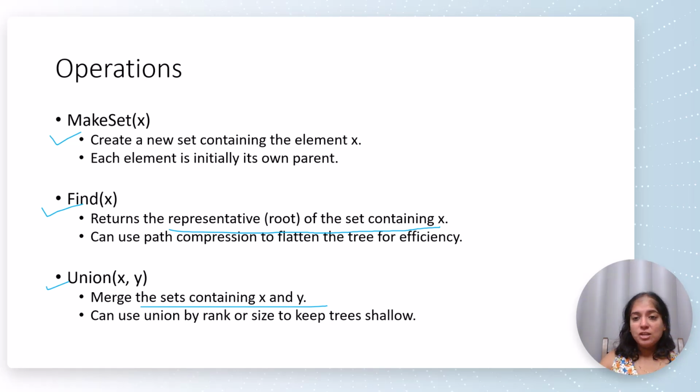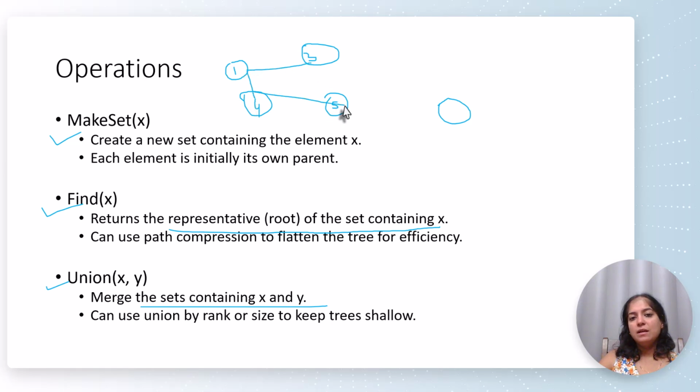Initially, for example, we are having some elements, like 1, 3, 4, 5, connected something like this, and another set with 6 and 2. So initially, let's say 3 is the root of this one and 2 is the root of this one.